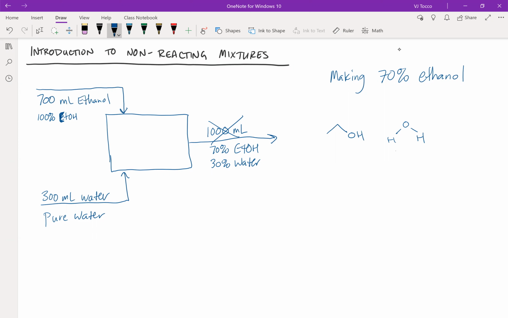Vice versa for water. But when I mix them together, something about the way these molecules interact enables them to take up less space when mixed. And you can think of this as molecules fitting into interstitial areas in between molecules at the microscopic level.